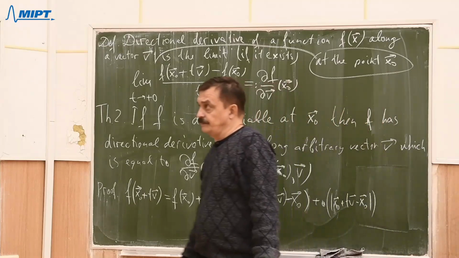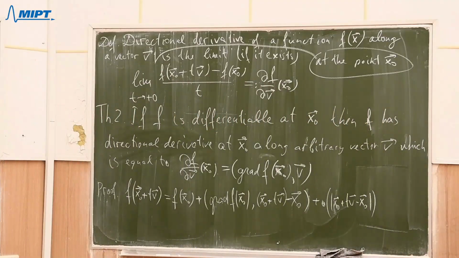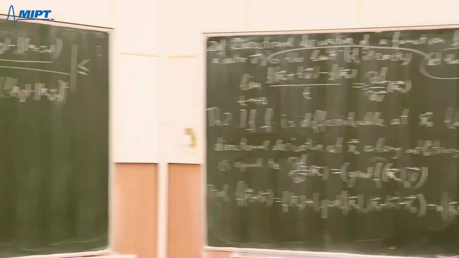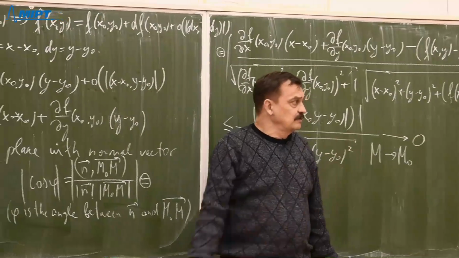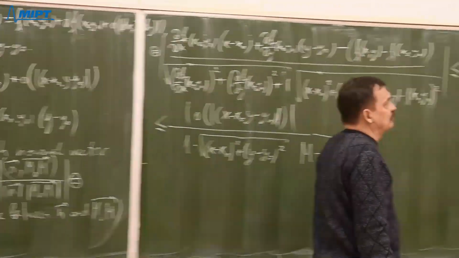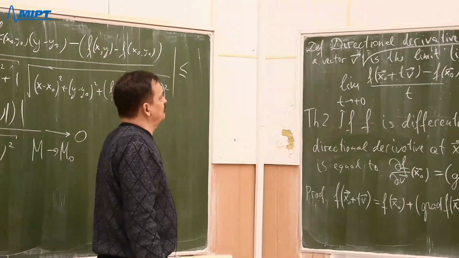I wrote the general definition. Here it was written for two variables, but now it is written for an arbitrary number of variables.